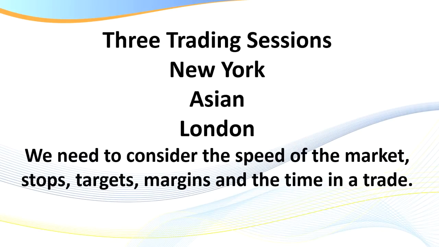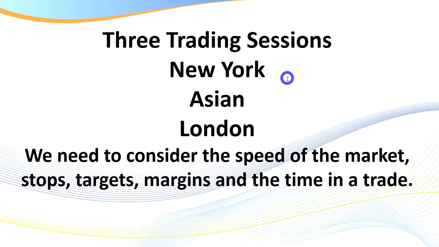So also we need to consider the 3 trading sessions. We know that New York is where the most volume, at least for stocks and for futures, is traded. London is the largest market for Forex. So we have different speeds of the market. New York of course really pumps.